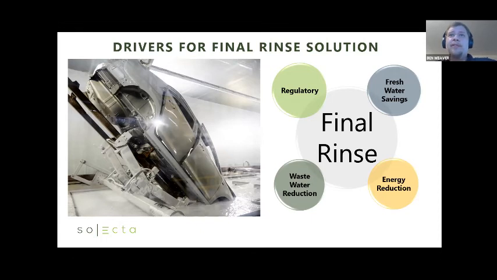When we're looking at the final rinse solution, the four main drivers to start off were freshwater savings, wastewater reduction, energy reduction, and there was a regulatory aspect as well, as countries from around the world start changing their wastewater requirements and getting more stringent on wastewater and discharge requirements. The FR is a solution that can help mitigate those concerns.